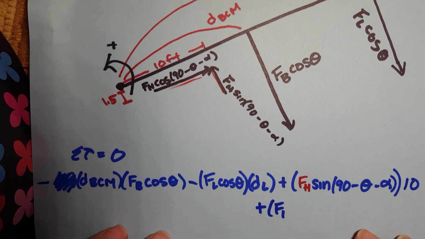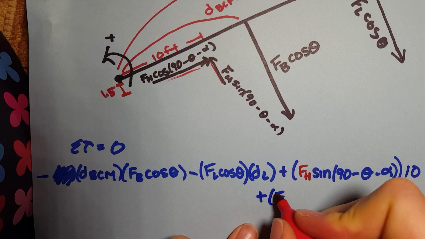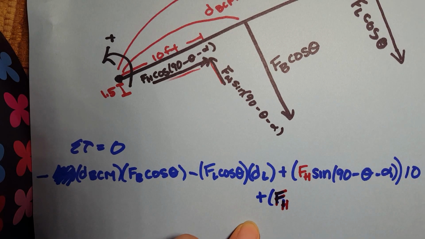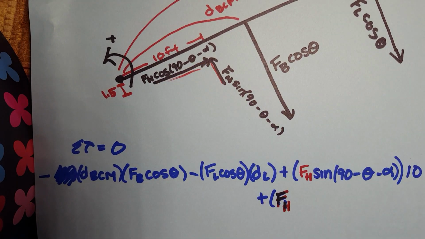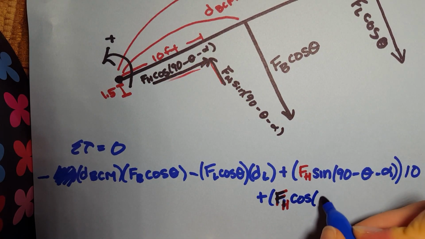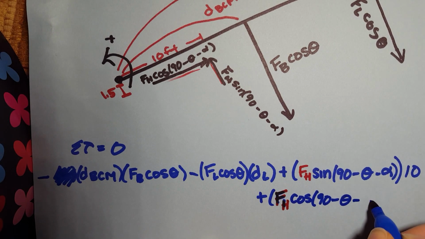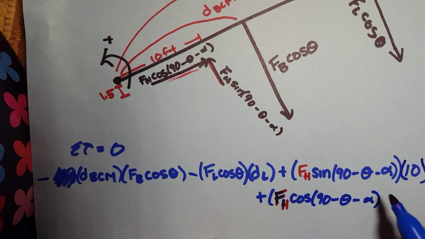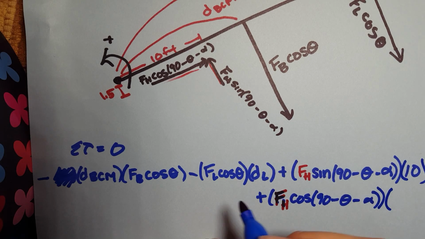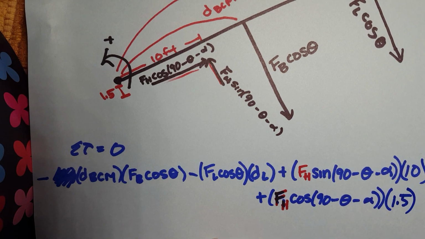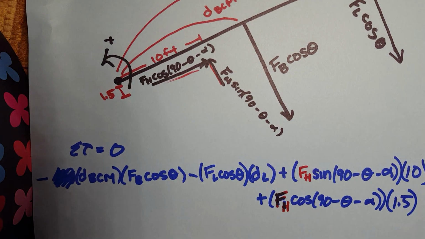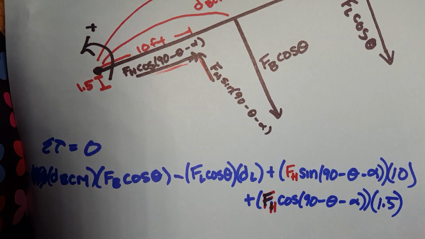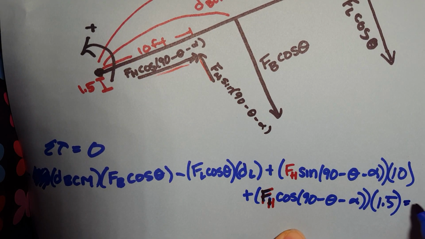Plus FH times, so now it's this component right here, times the cosine of 90 minus theta minus alpha. And this one is going to be multiplied by 1.5, our lever arm right there. Okay, so in all of this big long equation, this all is equal to 0.